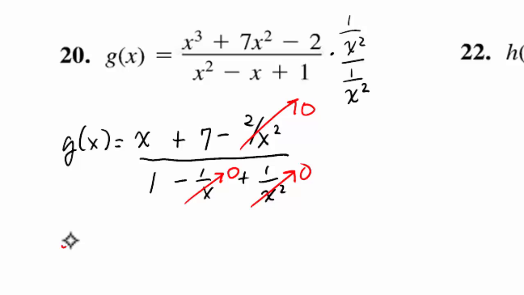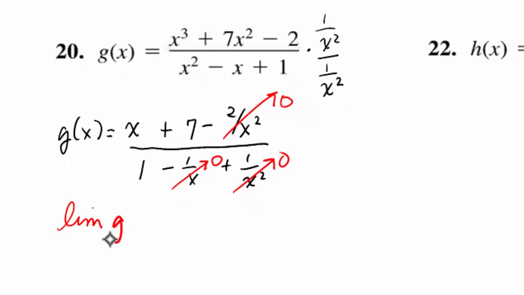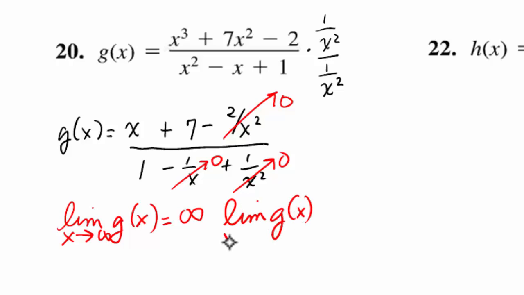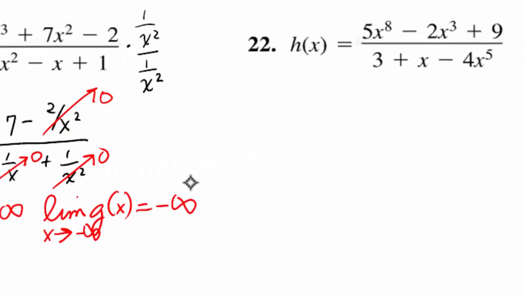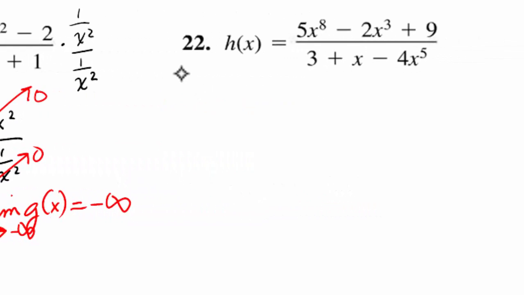So the limit of g of x as x approaches infinity will depend on x, and as x goes to infinity, x goes to infinity. It's just the identity. And the limit of g of x as x heads to negative infinity will follow what x does, so it's negative infinity.